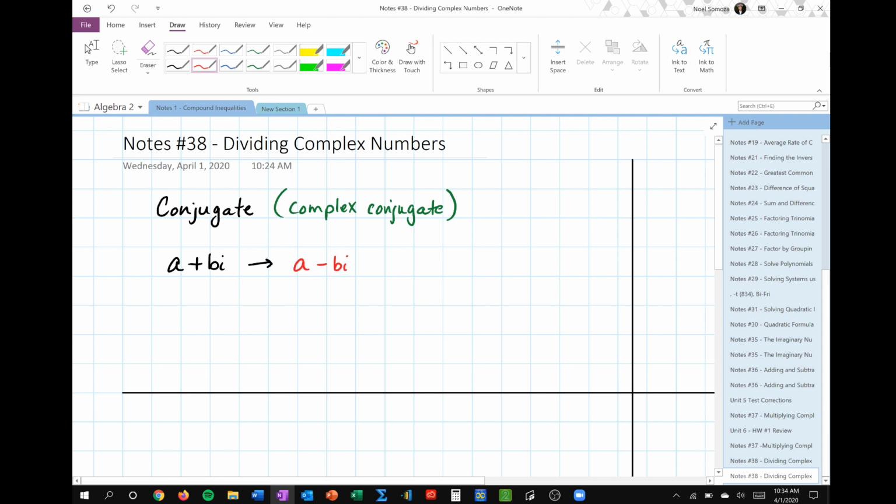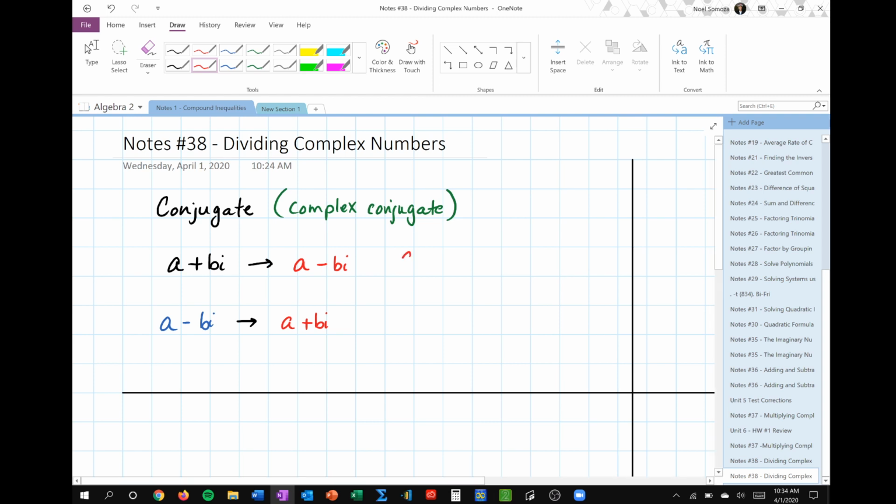You basically multiply the imaginary part by a negative. If you started with a minus bi, then negating the second term turns it back into a plus bi. It's basically just the opposite of whatever the imaginary term in the complex number happens to be.